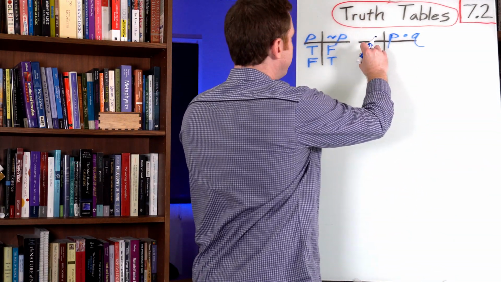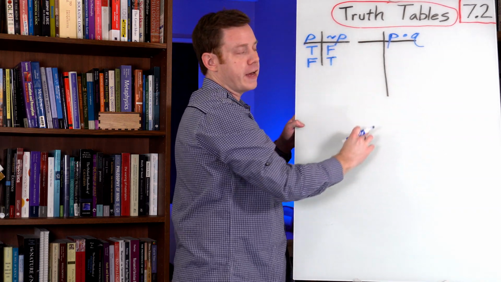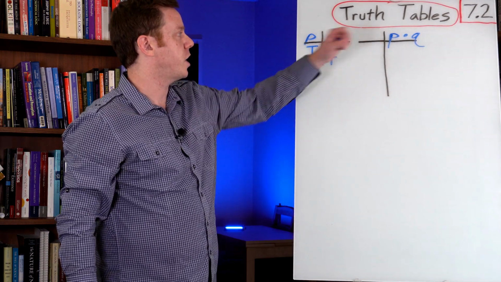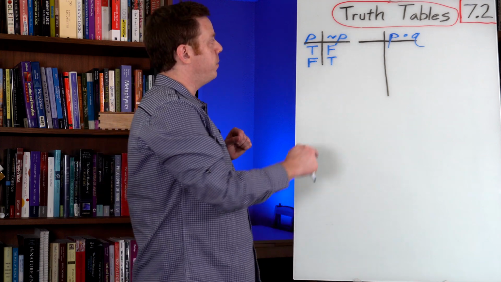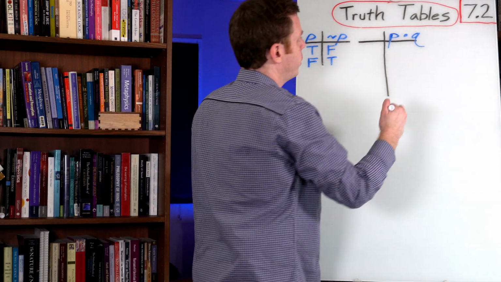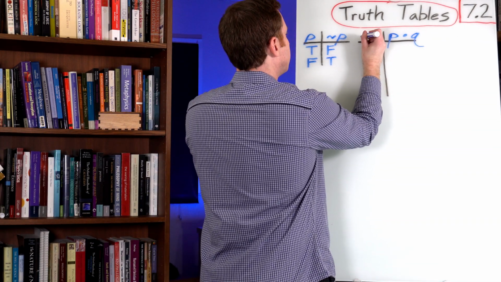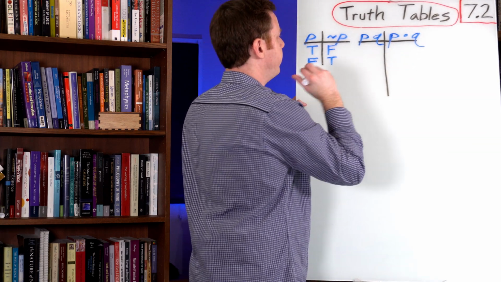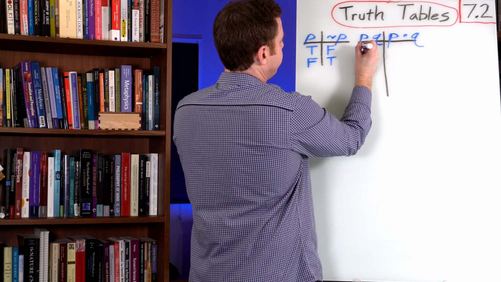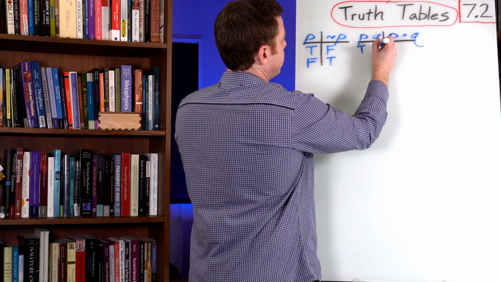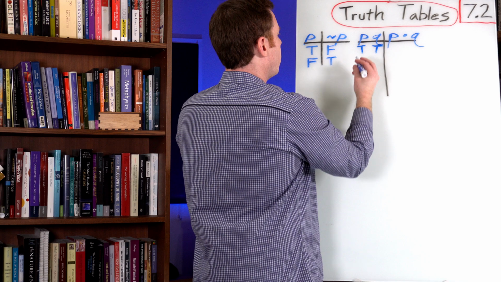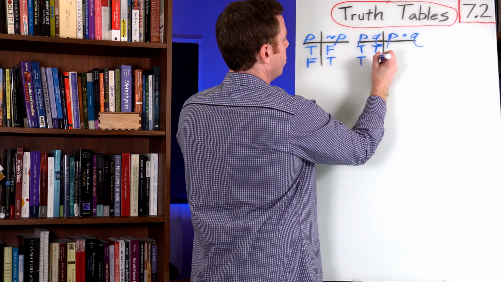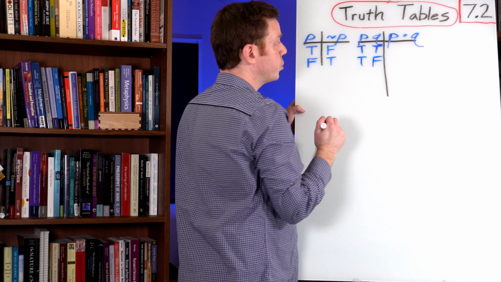Now over here, we need to write every possible truth value that our atomic statements could have. But because there's not just one, there's two statement variables, we're going to have more combinations, right? You could have P is true and Q is true, or you could have P is true and Q is false.